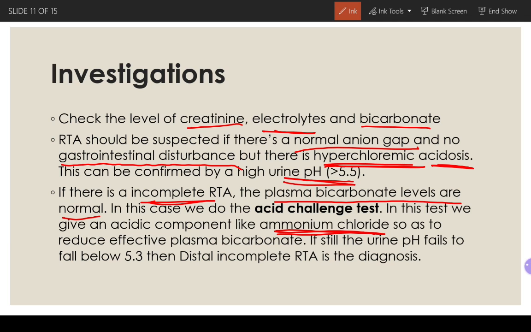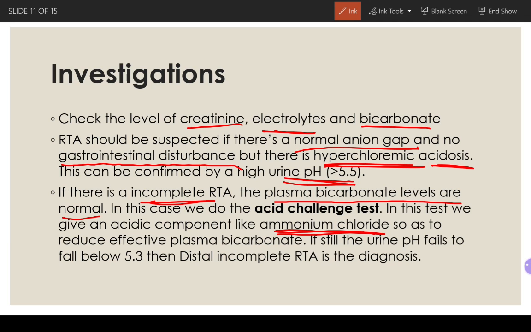When you give an acidic component, you are reducing the effective plasma bicarbonate, right? So when the effective plasma bicarbonate reduces, it means that you're making the body more acidic. So there should be reabsorption of bicarbonate ion from the urine to maintain the pH, right?